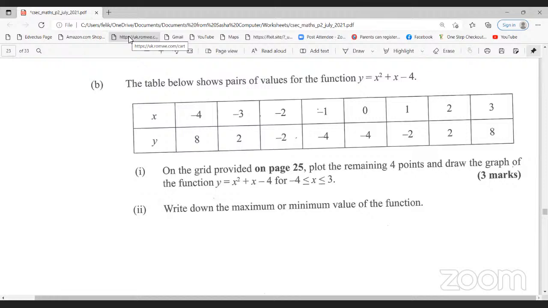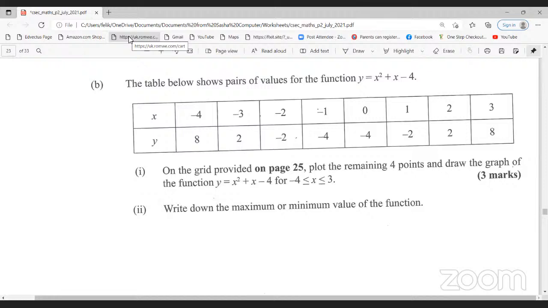Alright. So when you draw the graph, the minimum or maximum value has to do with the y value at the turning point. So when you draw the graph, the y value at that turning point would be your minimum or maximum value.